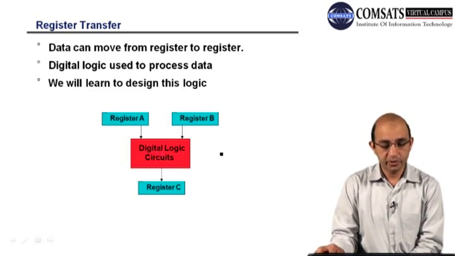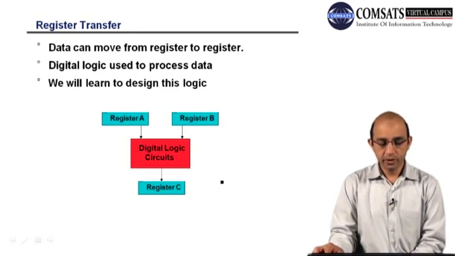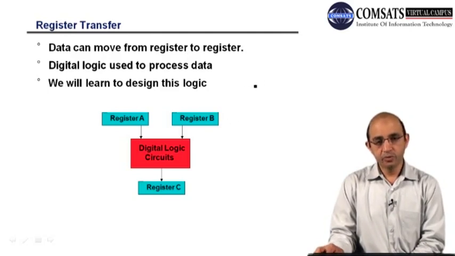For example, you can say this can be an adder, and these are the registers to store two different numbers, and what you have to do is add those numbers A and B, and the resultant has to be stored in register C. So this is about data transfer between different registers, right? So you can move data from one register to another register, right?